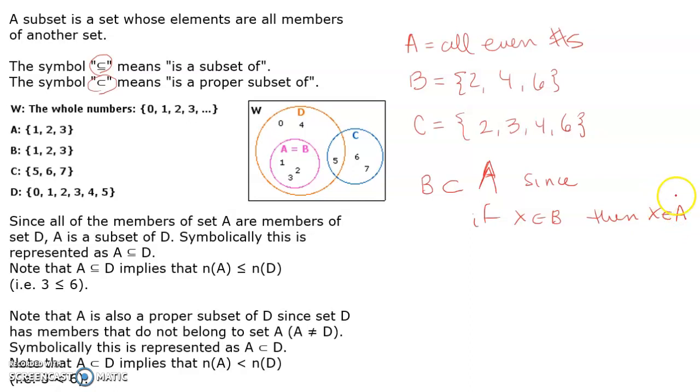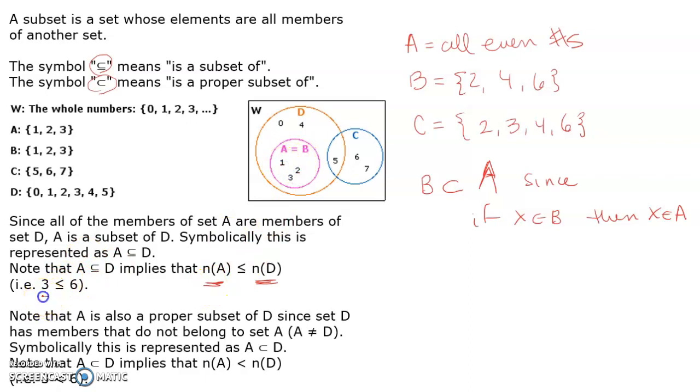To give you a proper definition, a proper subset is a subset that is not identical to the original set, but it must contain fewer elements. That's why we're talking about the number of elements in B being less than the number of elements in D. For example, here the number of elements in B is 1, 2, 3.